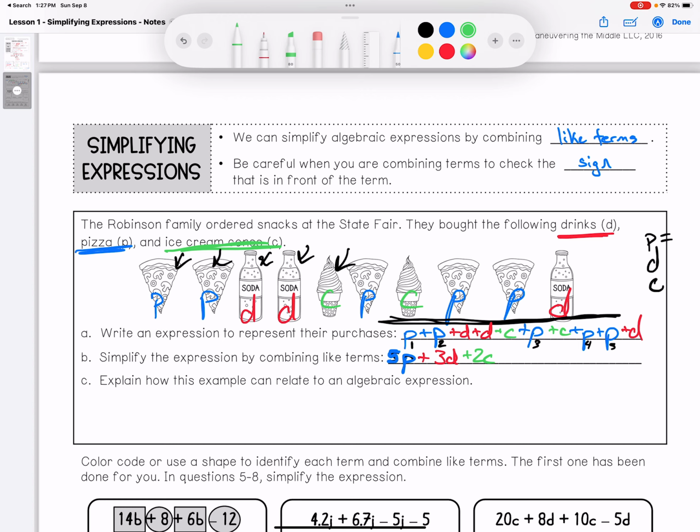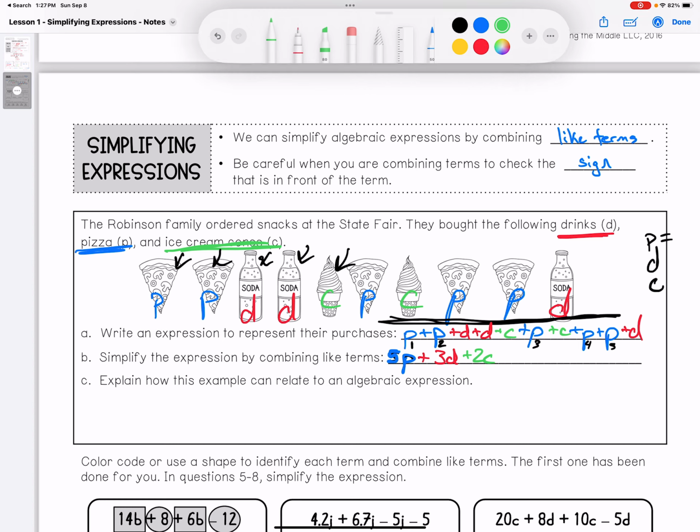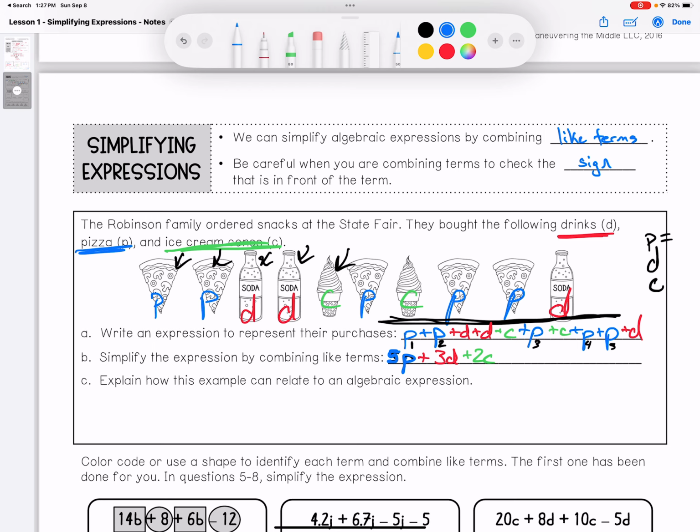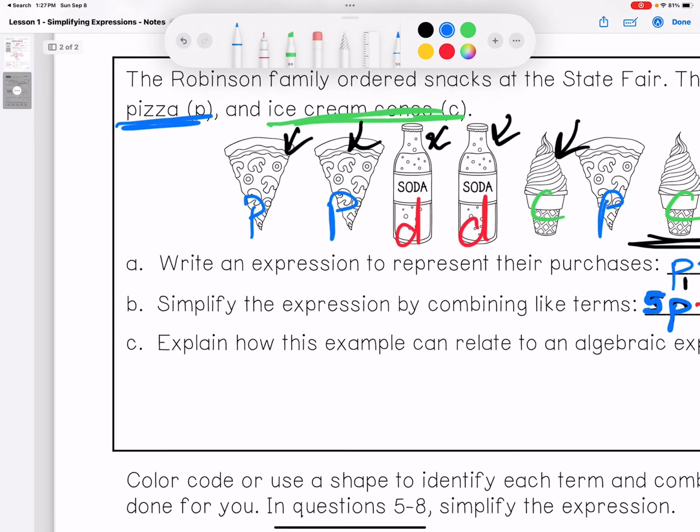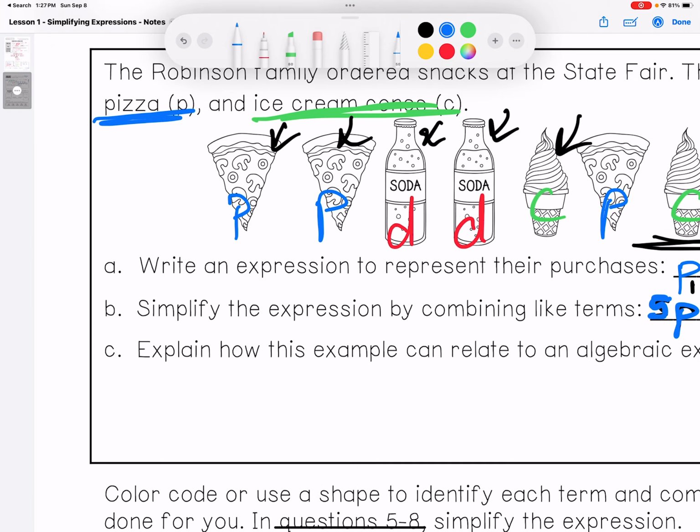Now let's explain in words, fancy words, how this can relate to an algebraic expression. So here we go. In an algebraic expression, I misspelled that, or I didn't. Expression. Told y'all I don't like words.